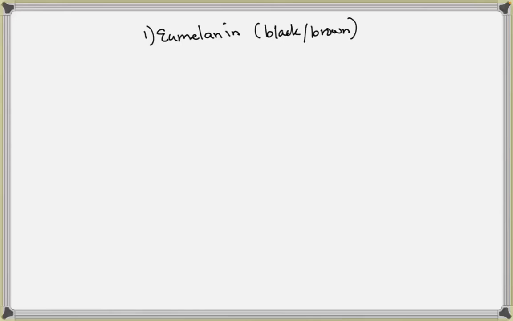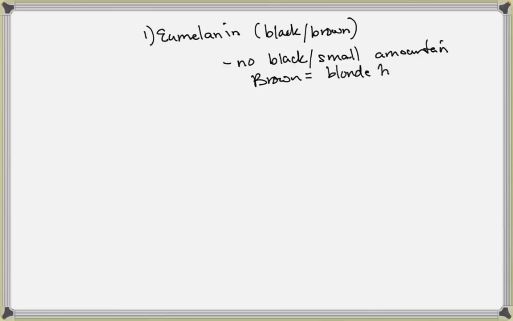Now, if you have no black eumelanin, but only a small amount of brown, that's what equals blonde hair. So basically, a lot of this is all about the different levels of the pigment that you produce.